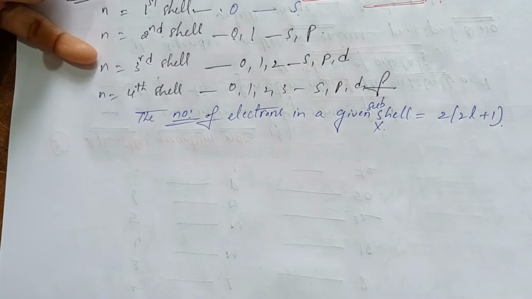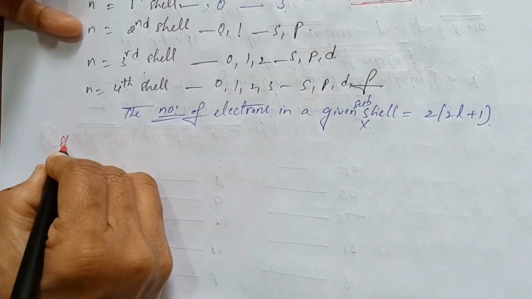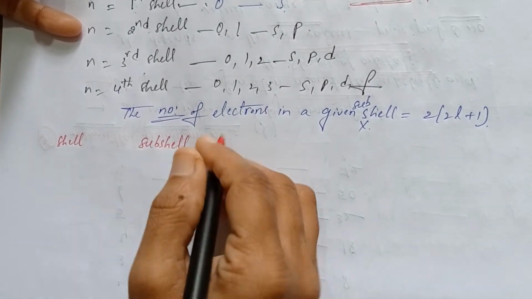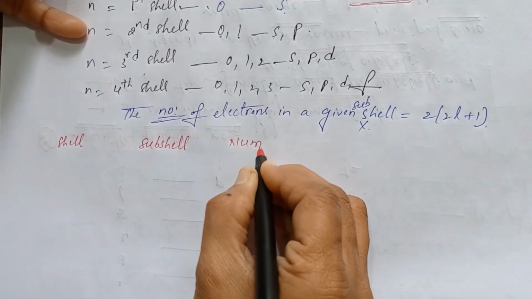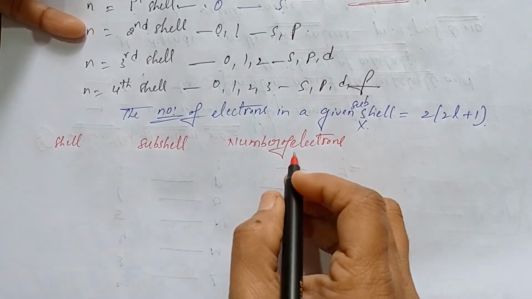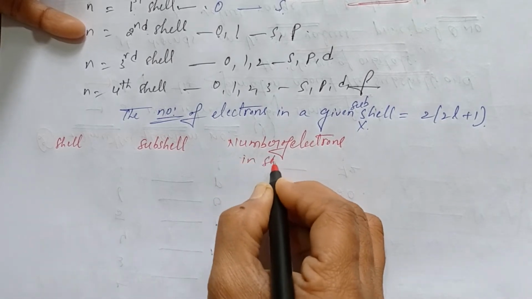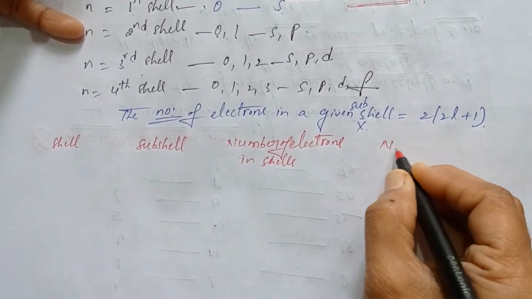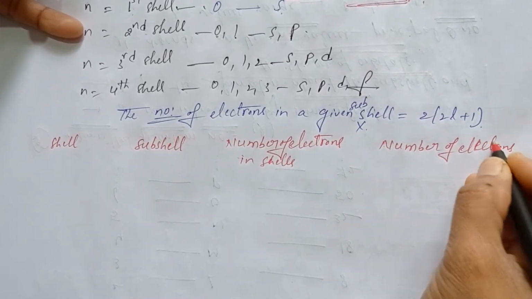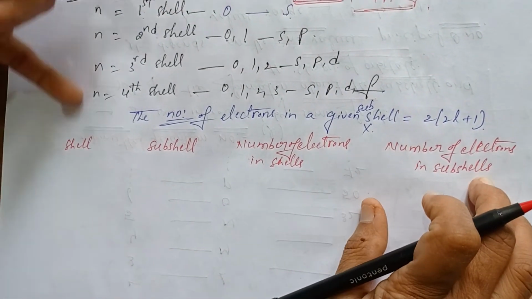The first column is shell, then subshell, then number of electrons in filled shells, and next, number of electrons in subshells. This is in shells, and these are in subshells, students.